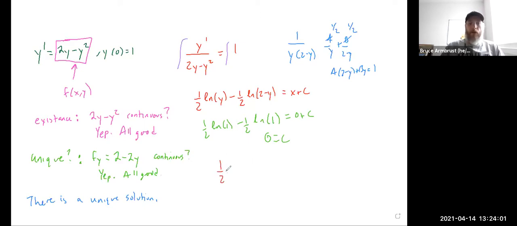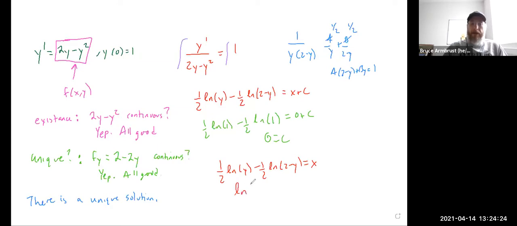So we have 1/2 natural log of y minus 1/2 natural log of 2 minus y equals x. Okay, so there's our solution in the implicit form. We could go ahead and find this explicitly.